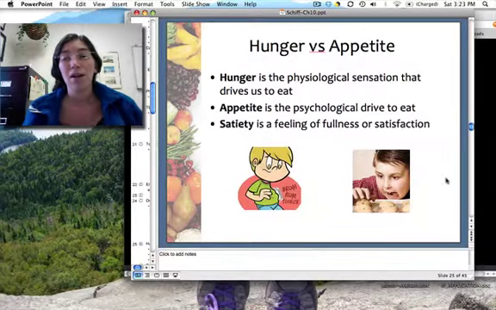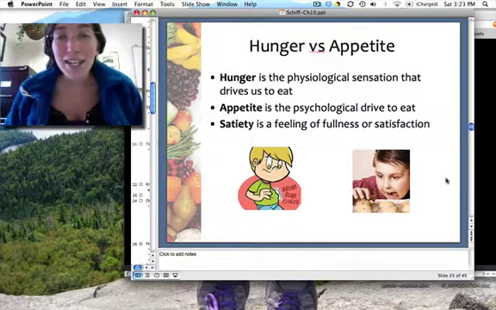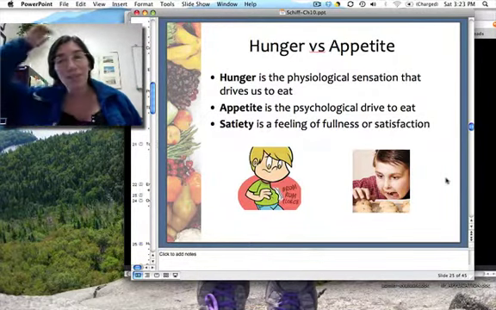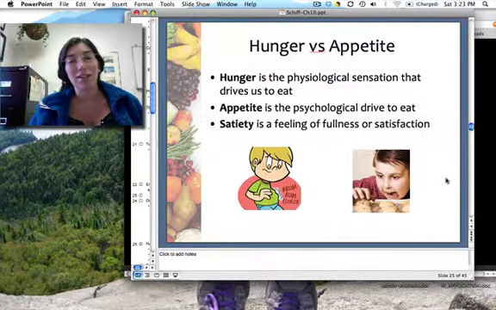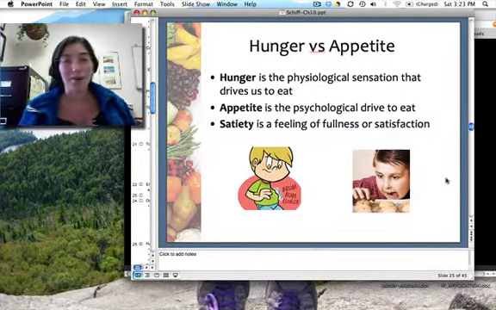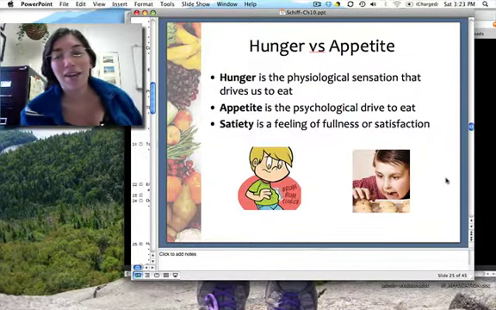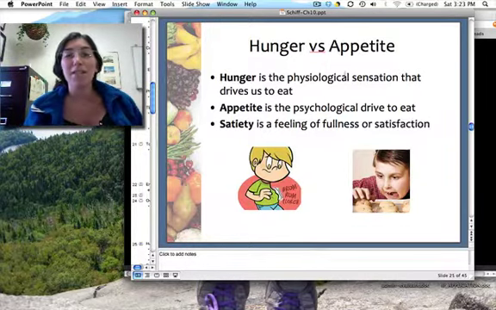So one thing to distinguish when we talk about eating and overweight is hunger versus appetite. Normally I address this earlier, well, my old textbook addressed this in the chapter where we talked about digestion, when we're talking about the physiology of eating, okay? But hunger and appetite are two slightly different things. Hunger is physiological.